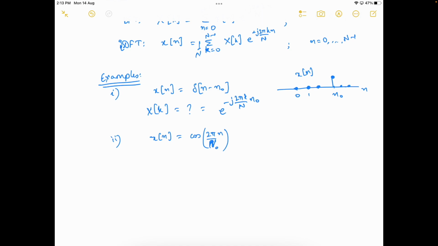If my x of n is this, what will be my x of k? So my x of n is simply a cosine signal. Of course, something of that sort. What will be my Fourier transform?